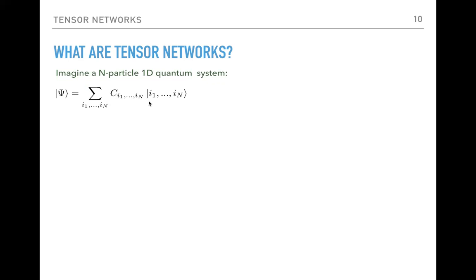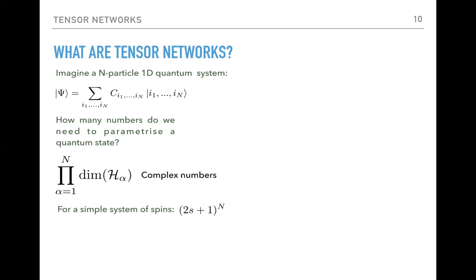And how many parameters do you have? Well, you have the product of the dimensions of all the local Hilbert spaces of each of these degrees of freedom. In the case of a simple spin system, say S equals 1/2, you would have 2 to the n parameters that you need to give in order to fully parameterize the state.